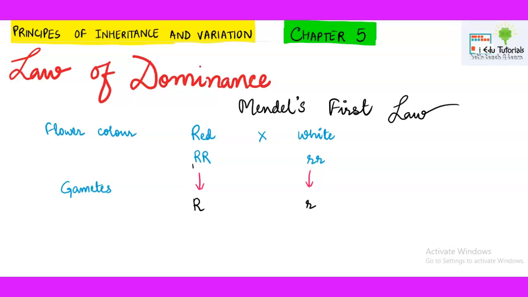So, out of the double R's, only one R will go, and out of the small r's, only one r will go. When they both fuse, a new individual is formed. This is our F1 generation, or the filial 1 generation. The expression of it will be red. And this is our law of dominance.